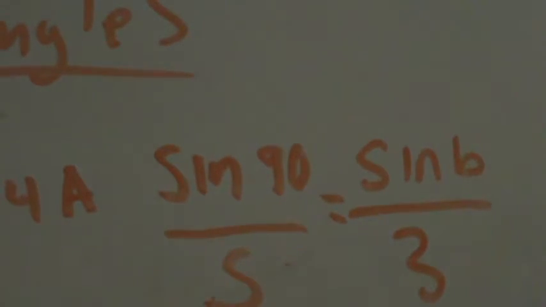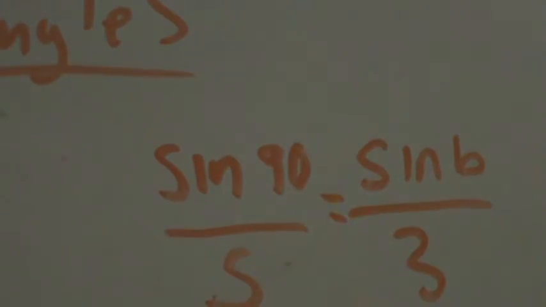So we know that from this picture, 3/5 sine 90 has to equal sine of b.